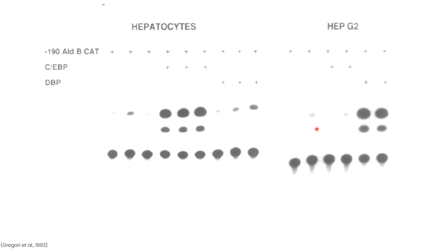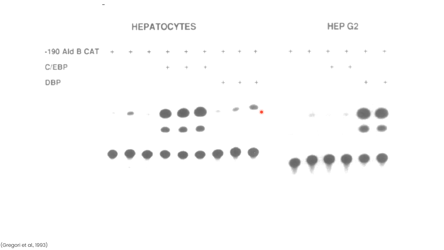So let's compare the two slides directly. We can call this slide 1, we can call this slide 2, okay? So let's start with the DBP. If we're looking at our DBP in our Hep G2 cells, it's much weaker in our primary hepatocytes.